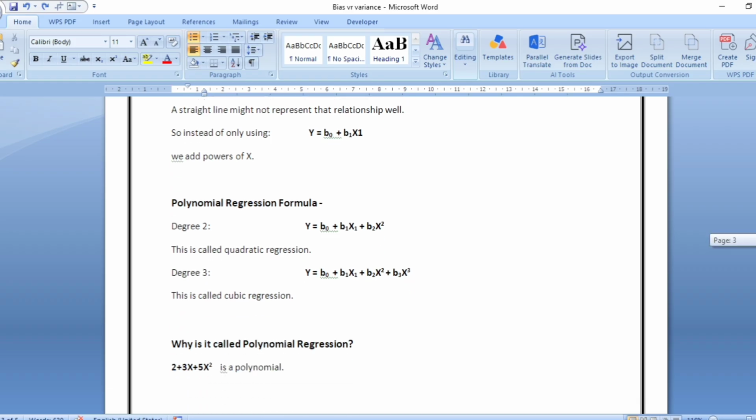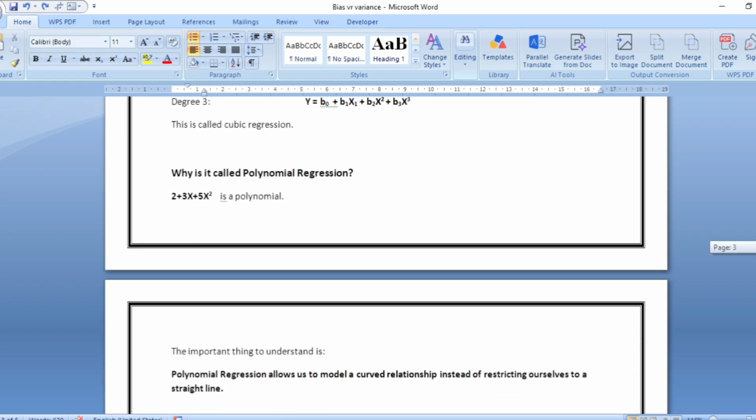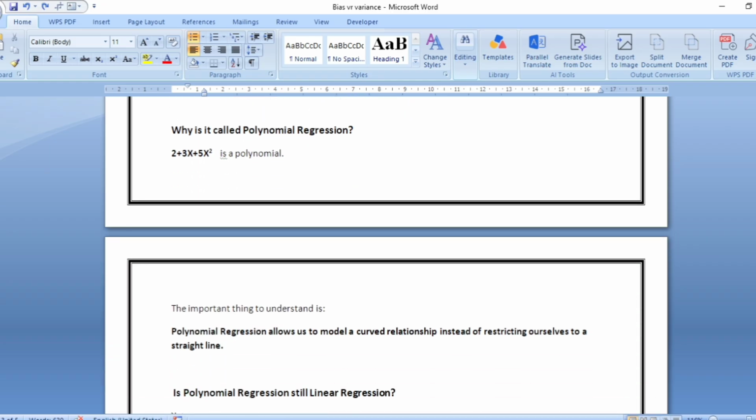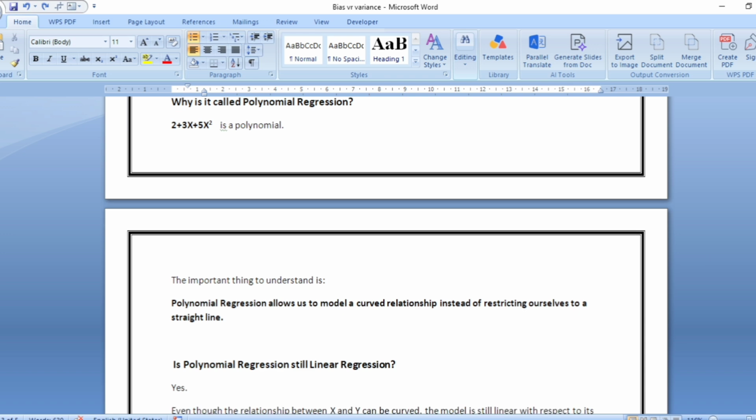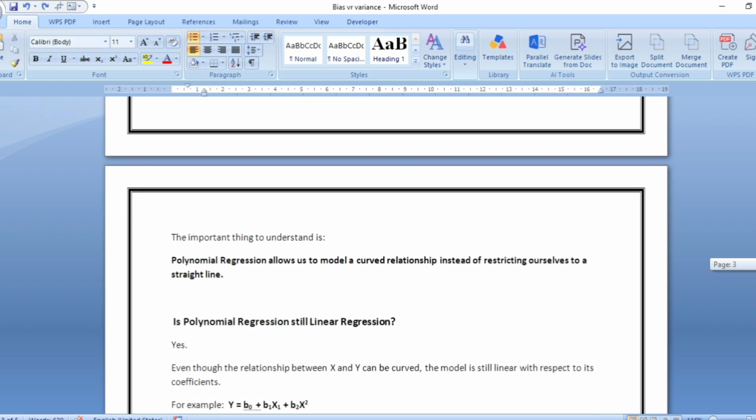In general, the degree tells us the highest power of x used. So why is it called polynomial regression? Now, when you have studied maths, you have seen equations like 2 plus 3x plus 5x square. So that's generally a polynomial. The important thing to understand is polynomial regression allows us to model a curved relationship instead of restricting ourselves to a straight line.